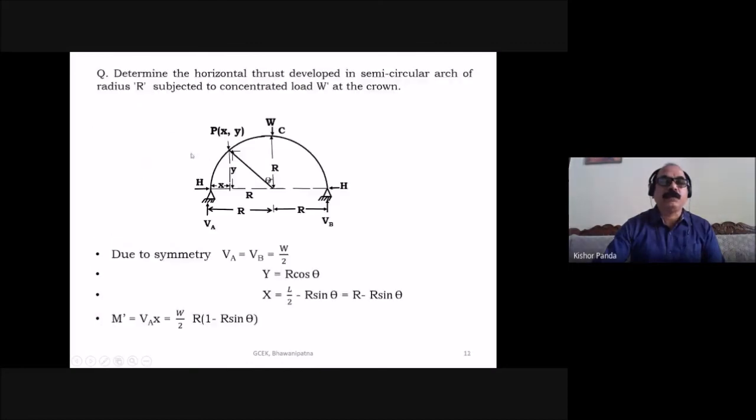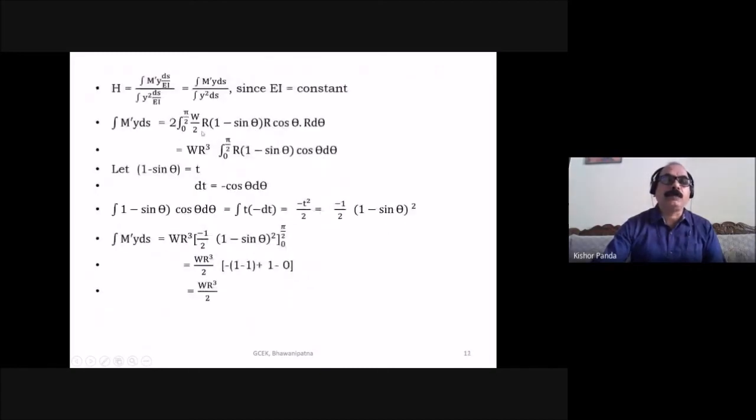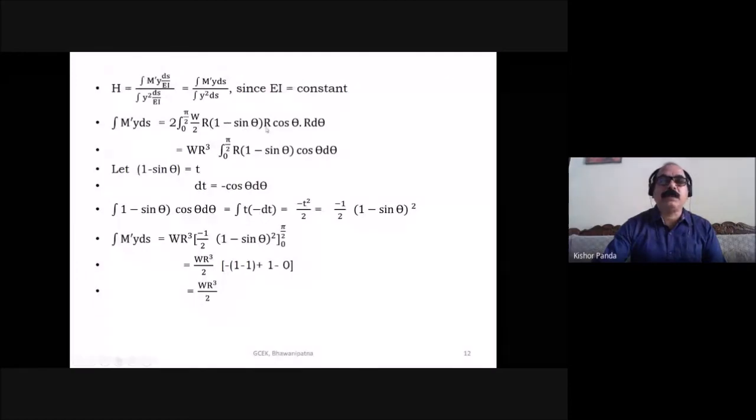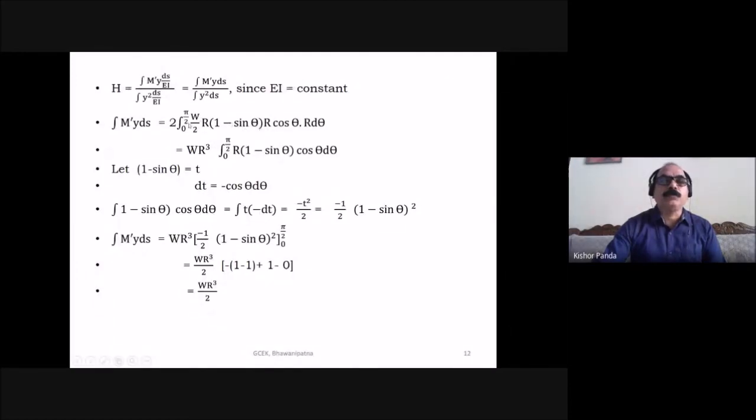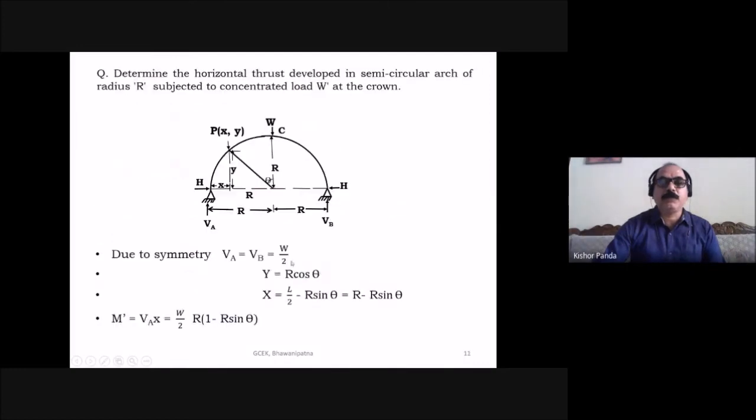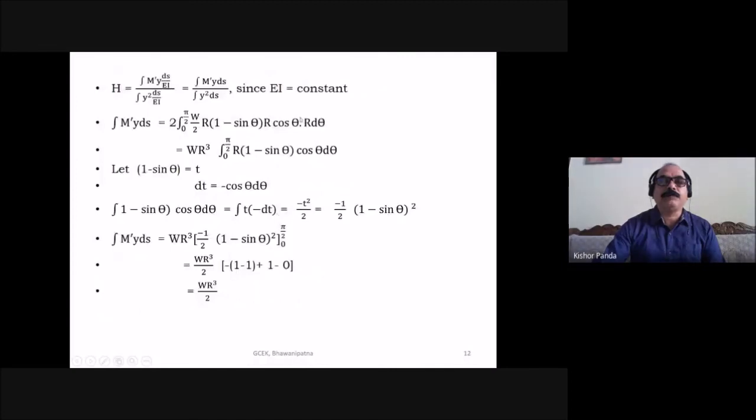Similarly, on this side and this side you have to take the integration, so both sides you take twice the integration from 0 to pi by 2 of W by 2 R (1 minus sin theta) into y ds. Y ds is equal to what? Y is R cos theta and ds is equal to R d theta.